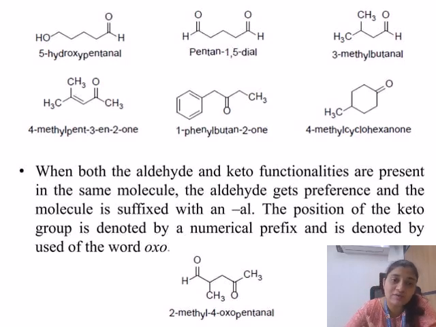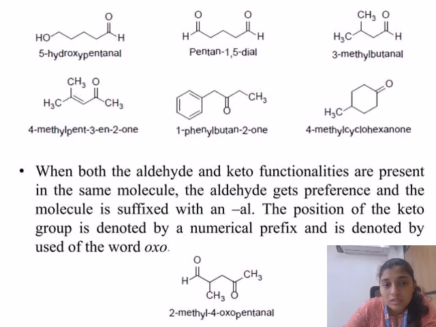In the first structure, you can find the C double bond O group on the second carbon. We can mention the position by using a numerical prefix, so you can use 2-one to represent the C double bond O ketone group on the second carbon.